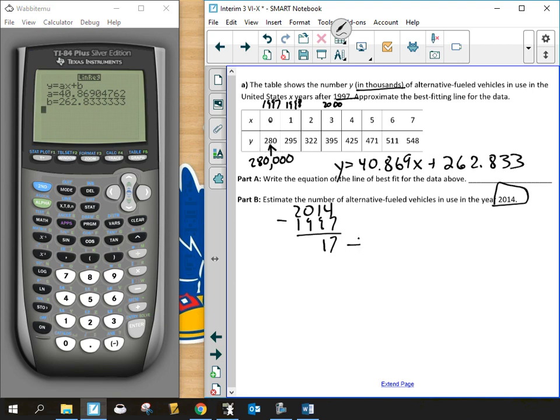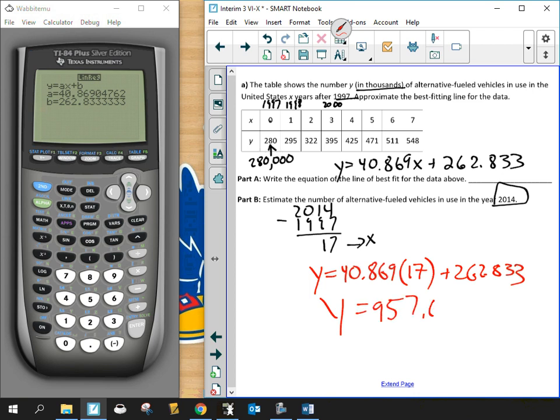So that's the number I'm going to plug in for X. So Y equals 40.869 times 17, because it's 17 years after 1997, plus 262.833, and I get Y equals 957.61.